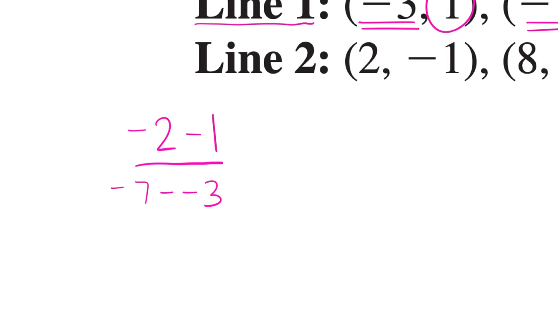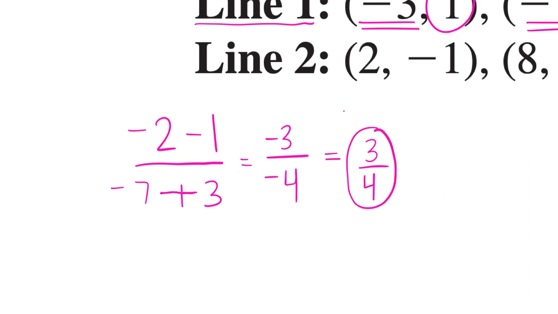Just be careful with those double negatives. So this is going to turn into a plus. So we have negative 3 on the top, and then negative 7 plus 3, that's negative 4. Now 3 over 4 does not simplify, but we can get rid of those negatives because 2 negatives equals a positive. So we have 3 over 4. That's our first slope for line 1.